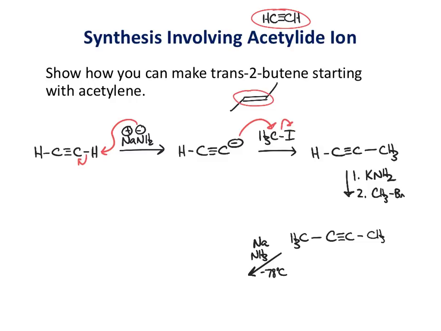Every reaction is carried out at some temperature, so don't let the temperature part throw you off. What that does, thanks to the hydrogen in the ammonia, gives you the trans product. If you want the cis product, you use hydrogen and Lindlar's catalyst, which is a deactivated palladium catalyst.